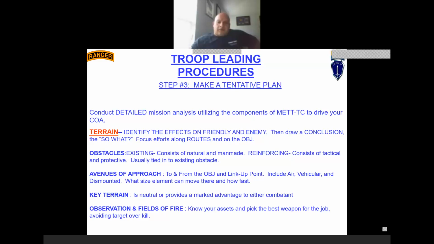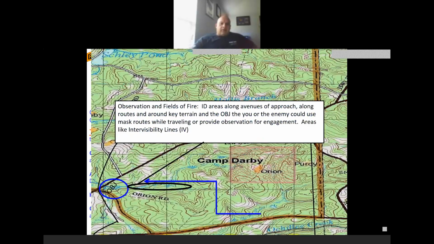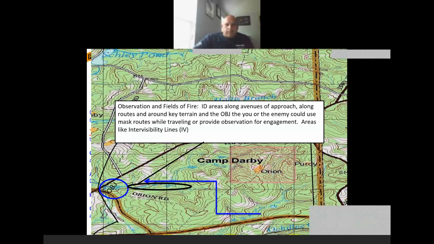So, fields of fire, right? Okay, if this is your objective, you're traveling in right here. What are your thoughts on attacking from this direction? It's not a very good spot.